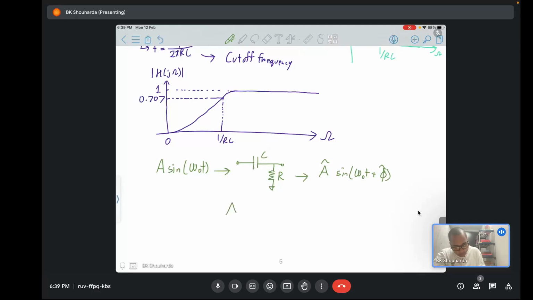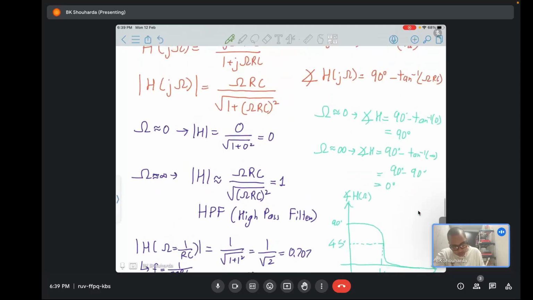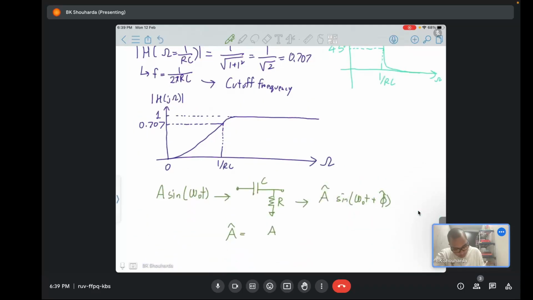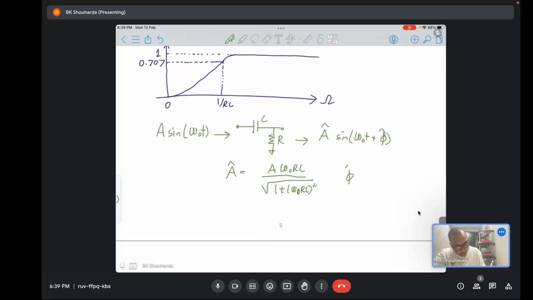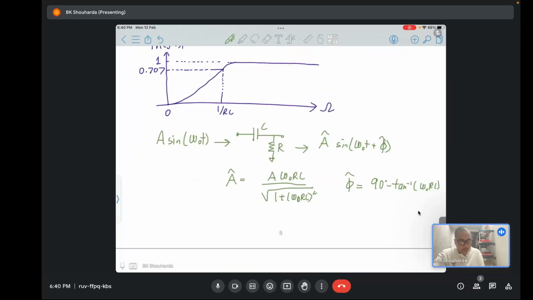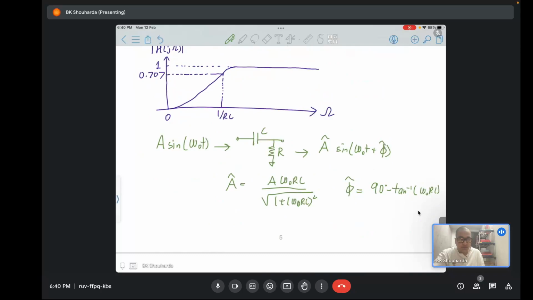The new amplitude is the old amplitude times H of j omega, that's omega naught RC by square root of 1 plus omega naught RC whole square, and the phase is 90 degrees minus tan inverse omega naught RC. Moreover, this phase shift suggests that each of these frequencies will be shifted by different phases.